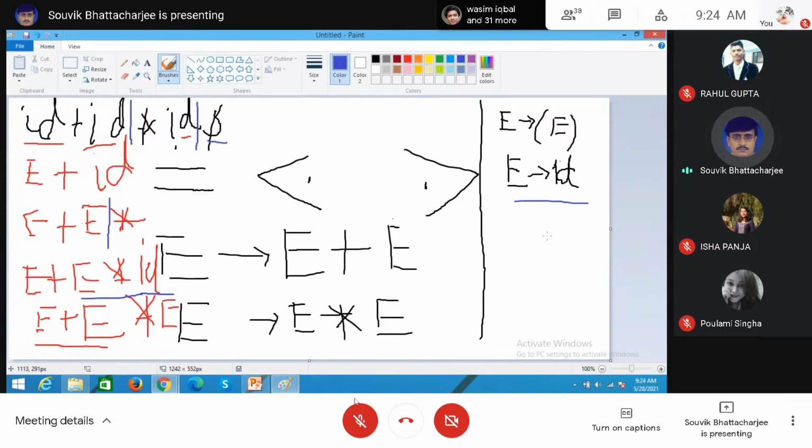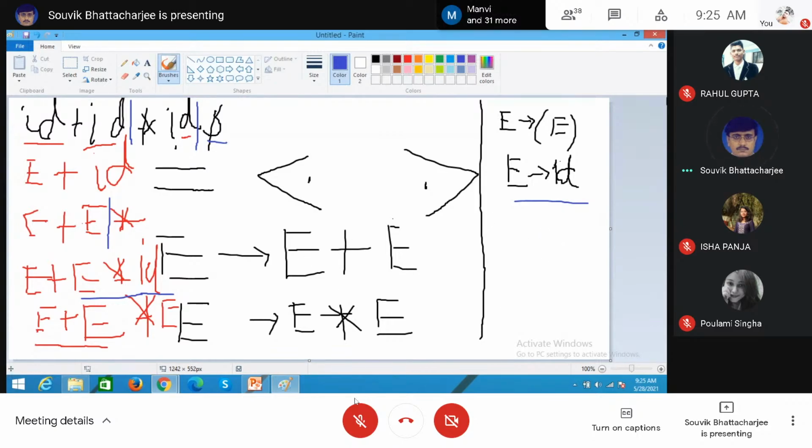If star has the higher precedence than plus, then in the operator precedence grammar, E star E will be reduced first, to E. Next, E plus E will be reduced. That means as per the precedence relation, the operator which has the higher precedence will be reduced first. In that way, you can also overcome this reduce conflict. This can be done with the help of the operator precedence grammar.